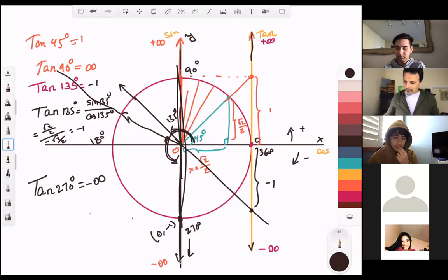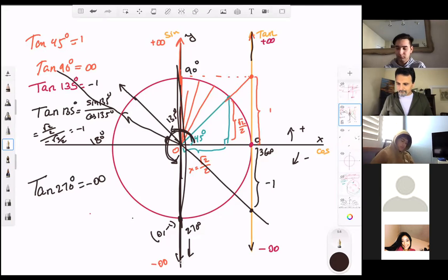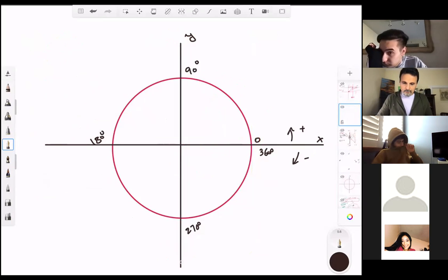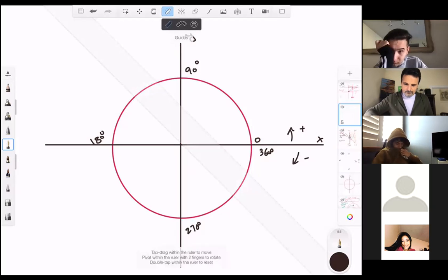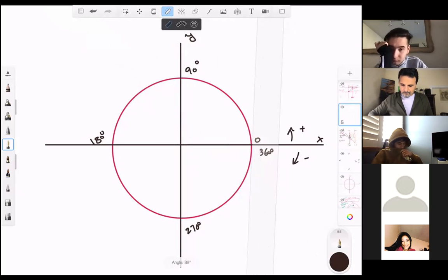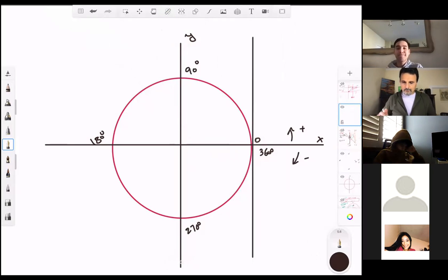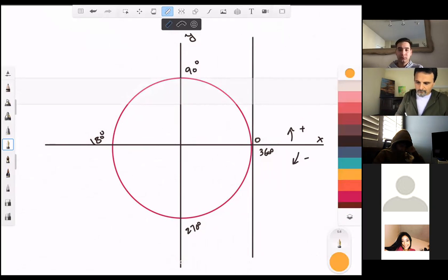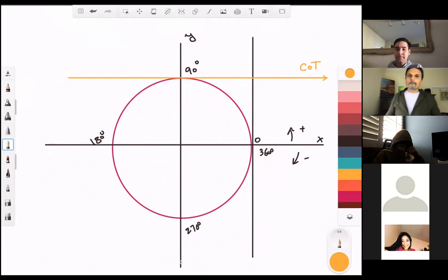Now let's see cotangents. So this was tangents. We have another line here, which is cotangent. So this is the cotangent line.